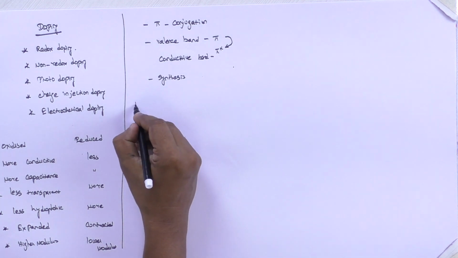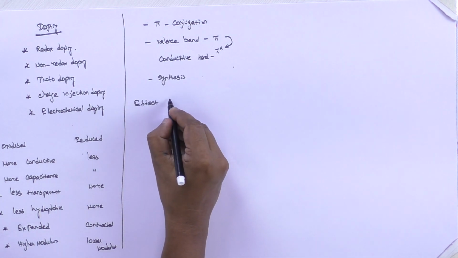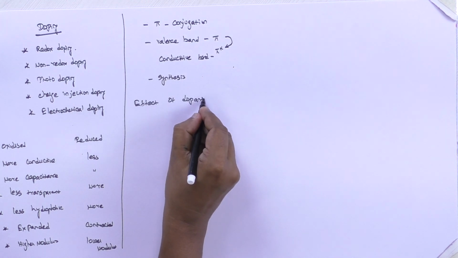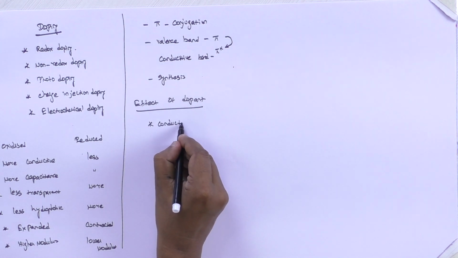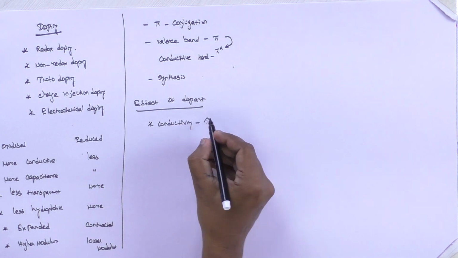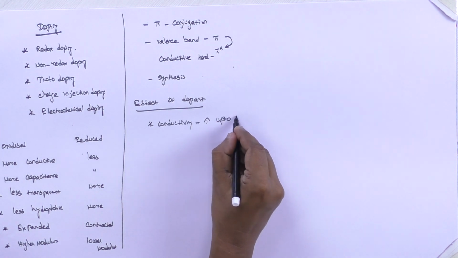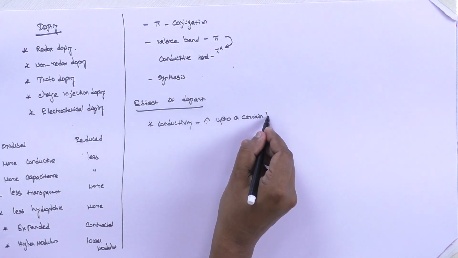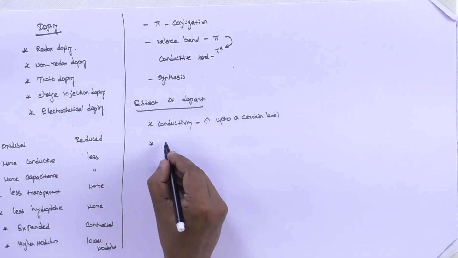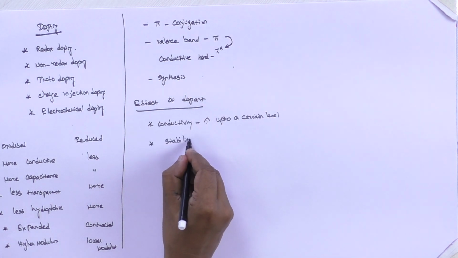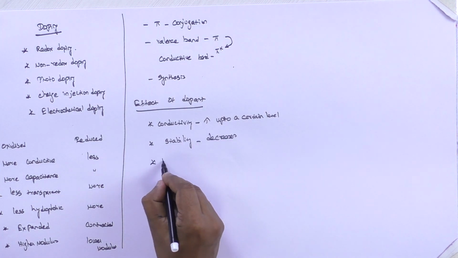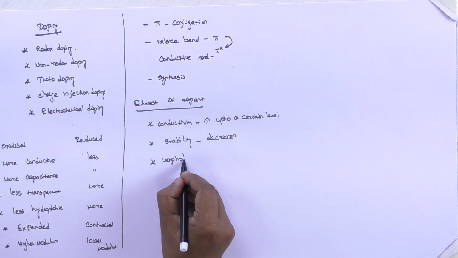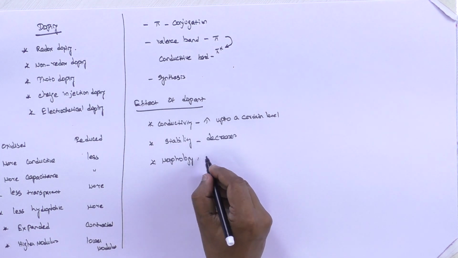So, the effect of dopant: on conductivity, as I have told you through the graph, the conductivity increases up to a certain level, and secondly, the stability decreases, and morphology, due to the presence of charges, the shape will not be retained.